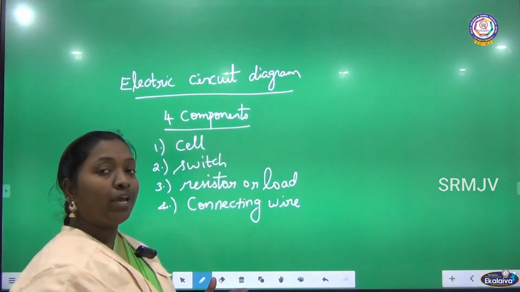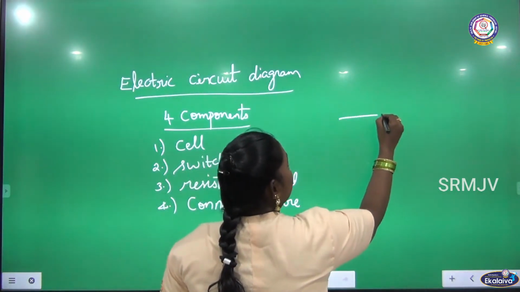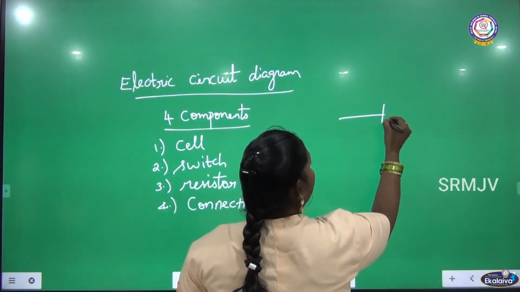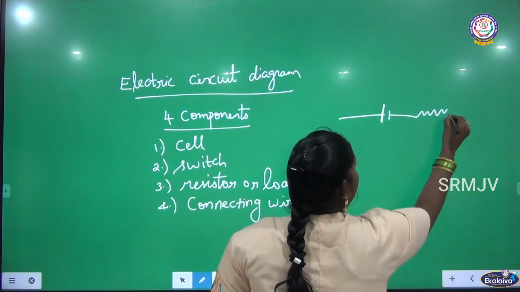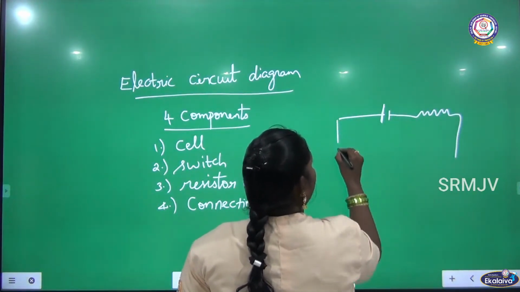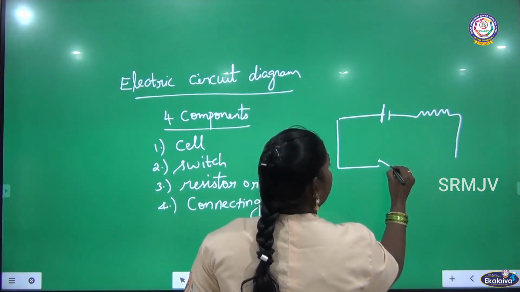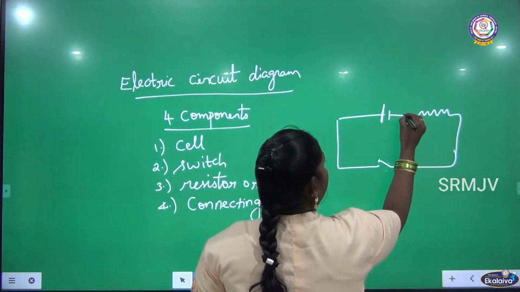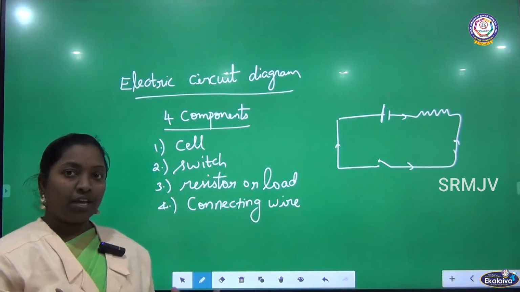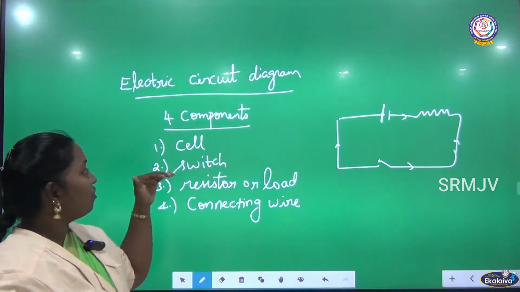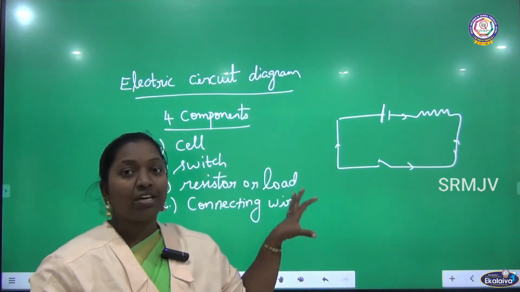By using this, how can we make a simple electrical circuit? See here. By the way, we can make a simple circuit by using the components cell, switch, resistor or load, and all this can be connected with the connecting wire.